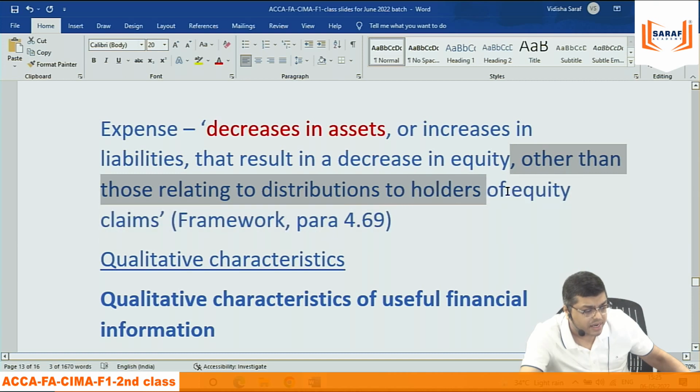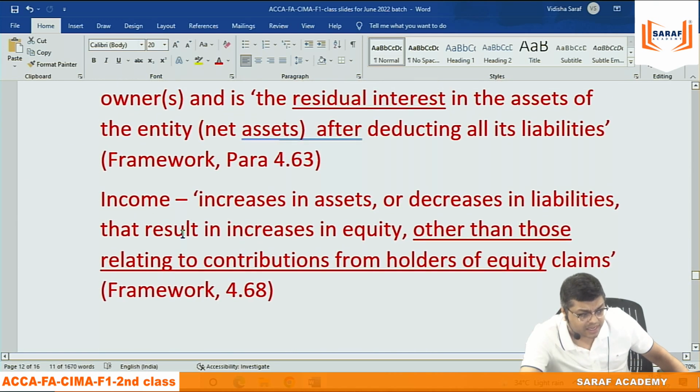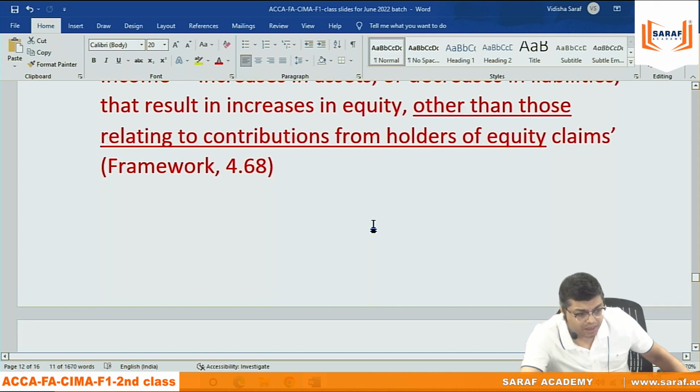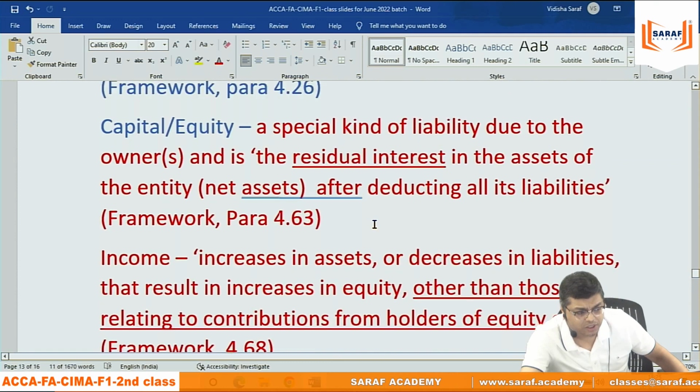Other than relating to distribution, suppose we are giving dividend to shareholders, suppose we are giving drawings, that drawings is also a decrease in equity, but that is not expense. That is the profit distributed to the shareholders. Decrease in assets, increase in liability is expense. Increase in assets, decrease in liability is income. But other than the direct changes in equity, that is not an income or expense.